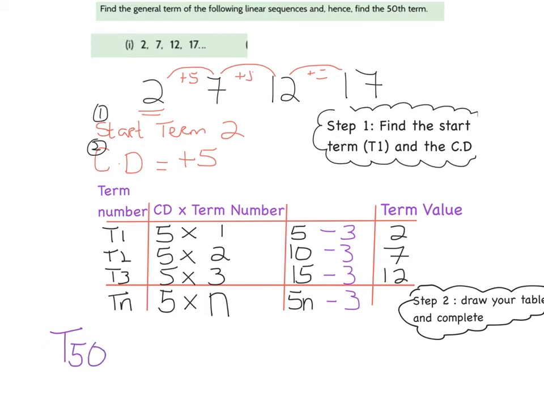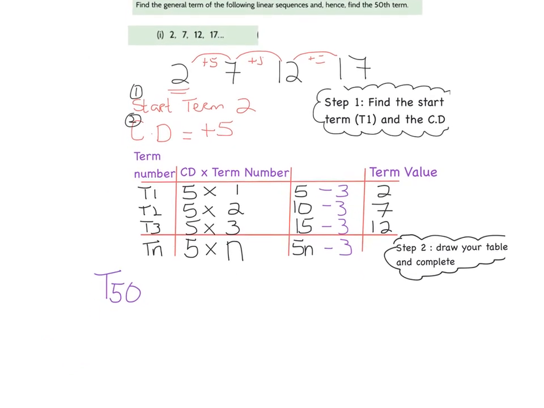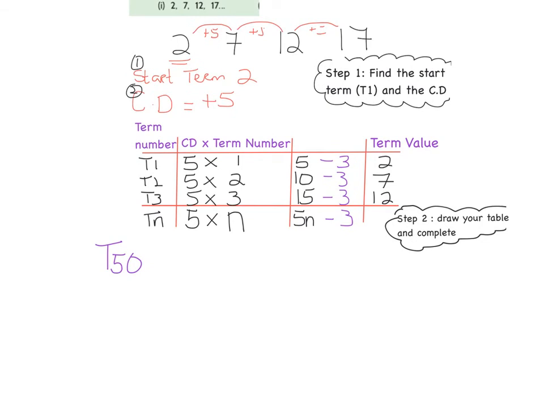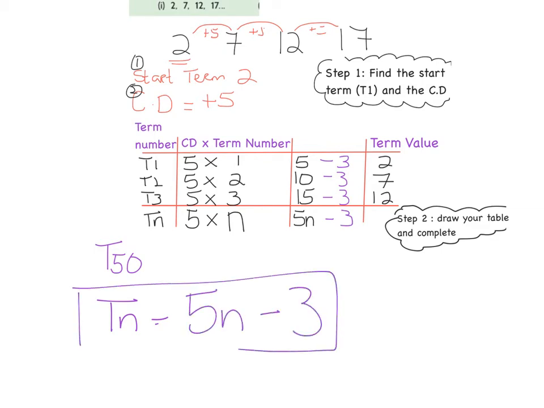Okay, so I'm going to make this a little bit smaller, so I have a little bit more room to play around with. As I said, I'm looking for term 50. I know that the nth term from my table is 5n minus 3. That is my general rule.